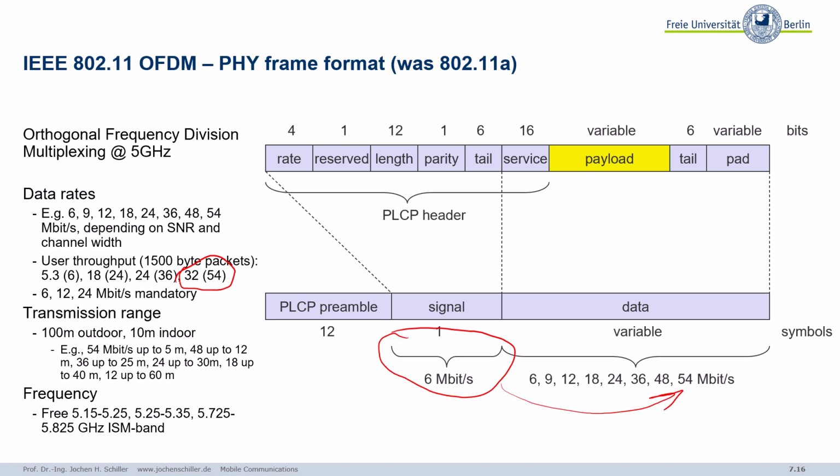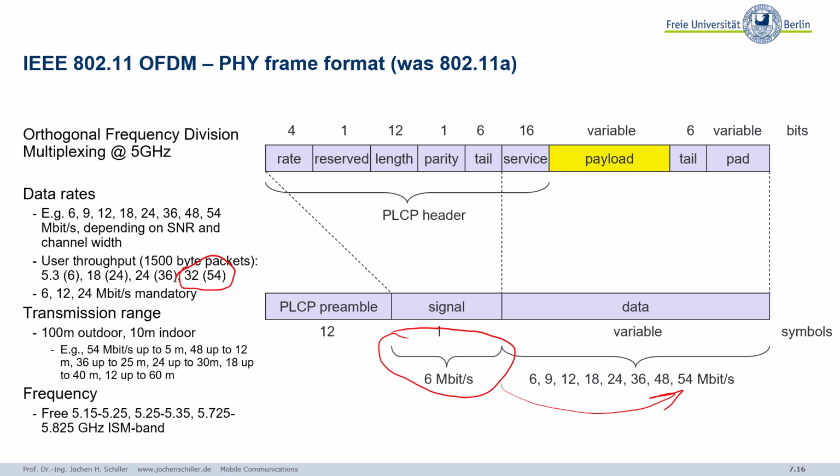Okay, so that was the idea, operating at 5 gigahertz, but early users detected pretty soon that there's a drawback of using 5 gigahertz. You should know the drawback. Higher frequencies mean lower transmission range. So the 54 megabit per second, well, maybe inside a room, roughly up to 5 meters, something like this, with no wall in between.